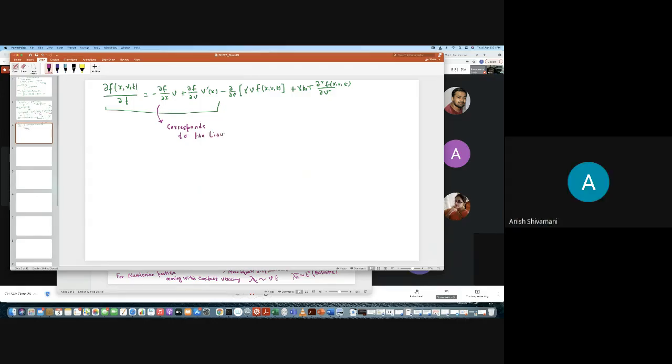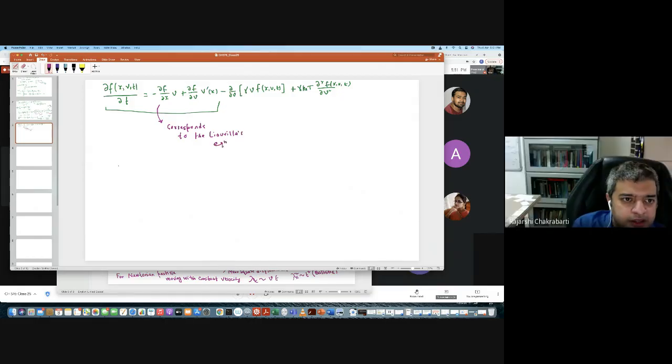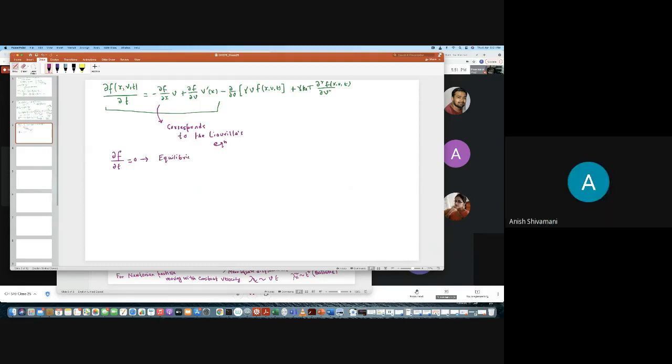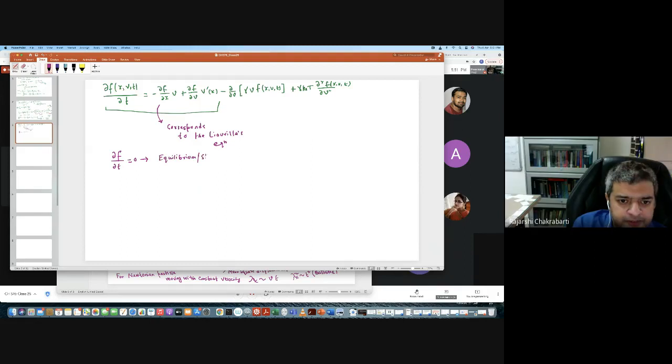And you know that if I have Liouville's equation and a situation where del f del t goes to 0, this will give me the equilibrium distribution, isn't it? Or steady state, whatever. One of the steady state distributions is the equilibrium, no?